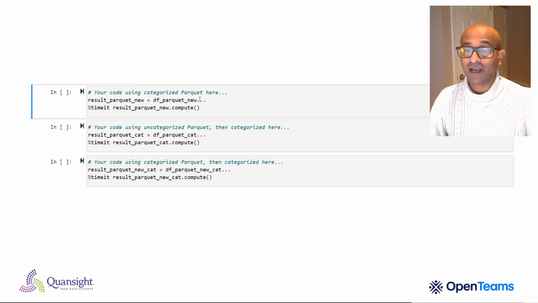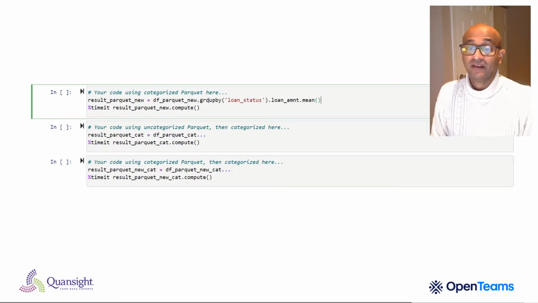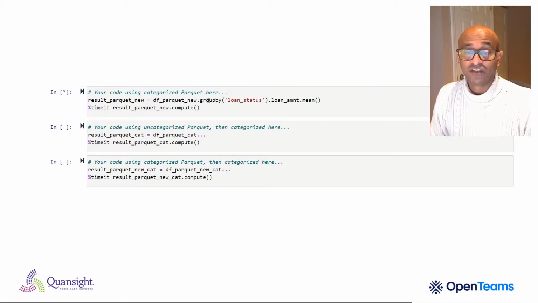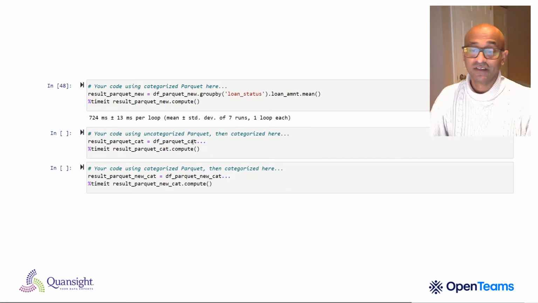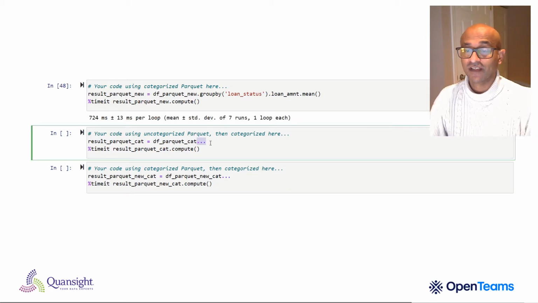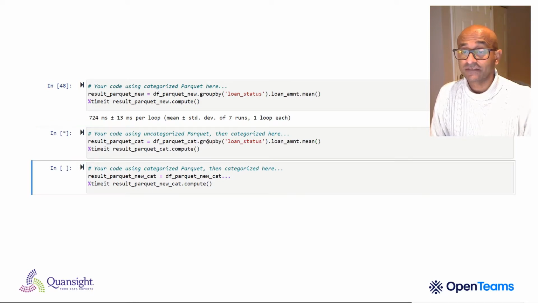But now let's see what happens if we do the same thing with the data frame stored in a categorized format. This time we used the timeit magic, and that took about 700 milliseconds.